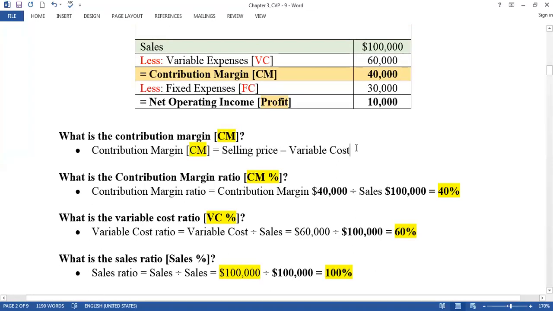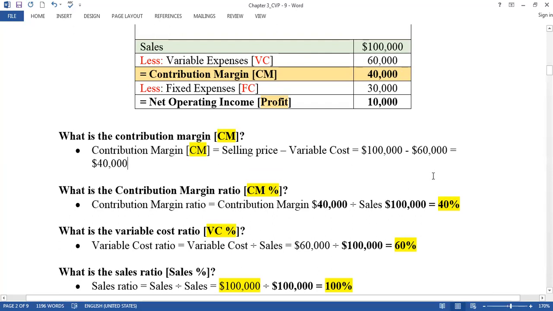Up to here, we already know how to calculate CM. Here, sales is $100,000, sales minus variable cost of $60,000 equals $40,000.